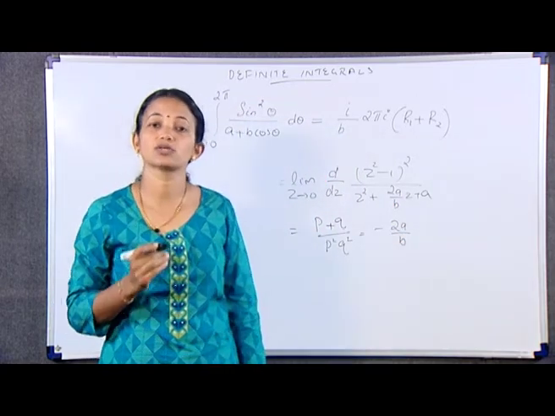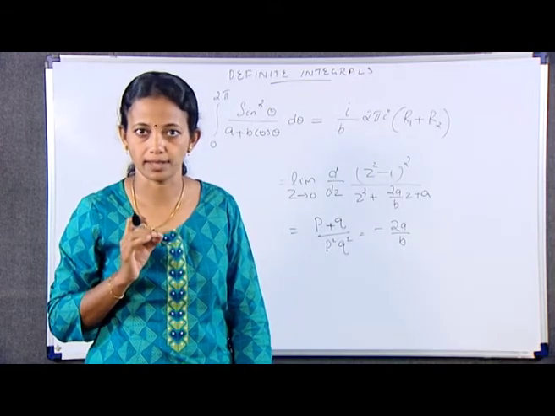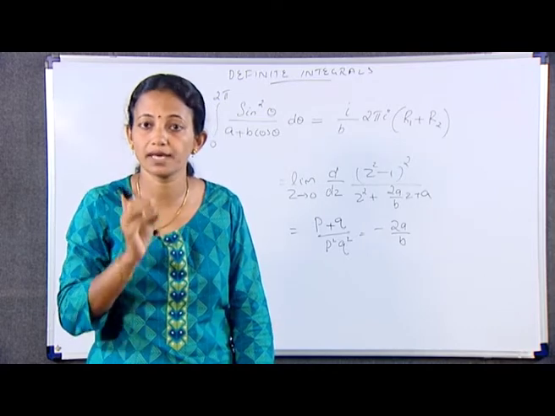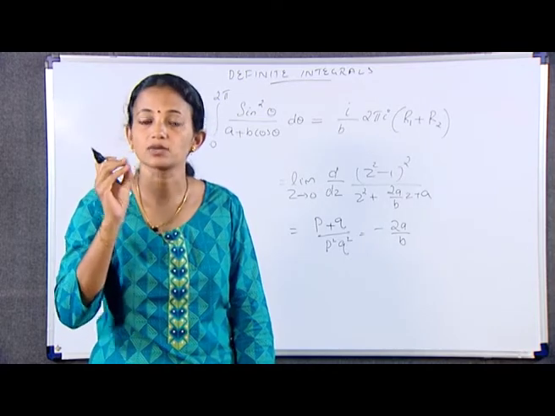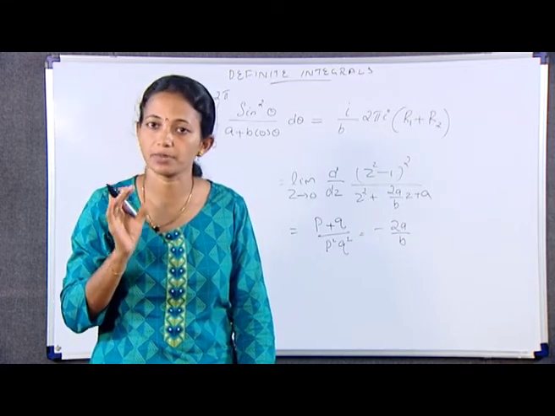The value is equal to minus 2a by b, since p plus q is equal to minus 2a by b and pq is equal to 1. And R2 is equal to the residue at z equal to p, that is (z minus p) into (z square minus 1) whole square by z square into (z minus p) into (z minus q).